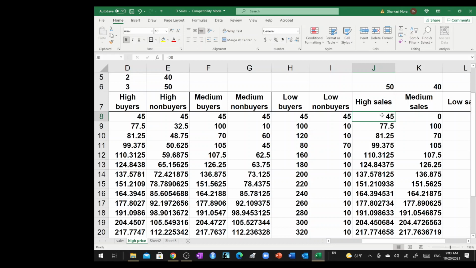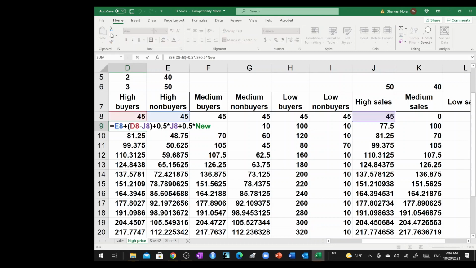The question said it's highly likely they will change the razor in 1 or 2 years. Equally likely means in the next year after they purchased, 50% of these guys are going to buy. All right. So first of all, we're going to say these guys here in purple, 45, the high sales, who already bought, 50% of them might buy in the next year.